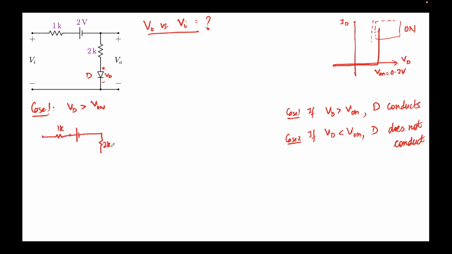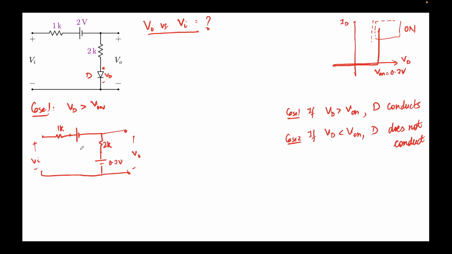The rest of the circuit remains the same. The only thing that will change is that the diode will be replaced by a battery of 0.7 volts, and this is your Vi. This is how the circuit will look.